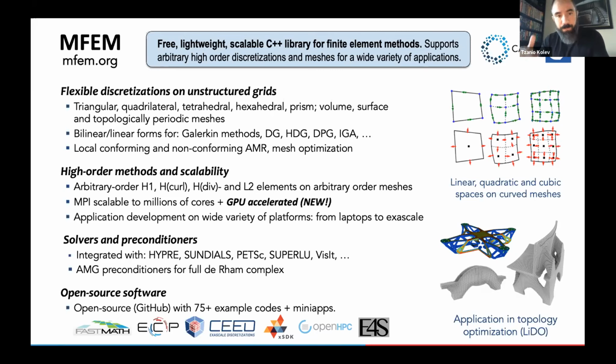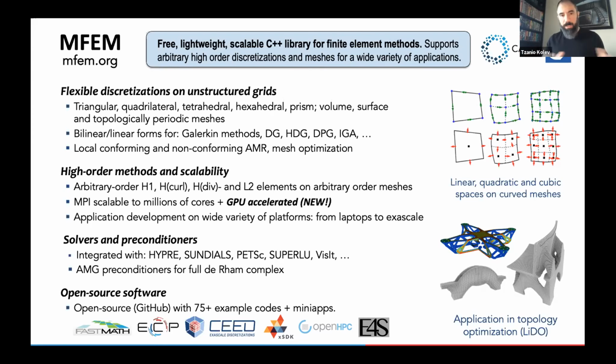Number one, it's very flexible. So we treat, for example, simplex and tensor product elements, triangles and tets and quads and hexes, on the same level. So we support them equally. We don't specialize in one or the other. There is a variety of bilinear and linear forms for a variety of methods, from regular Galerkin to discontinuous Galerkin, HDG, IGA.